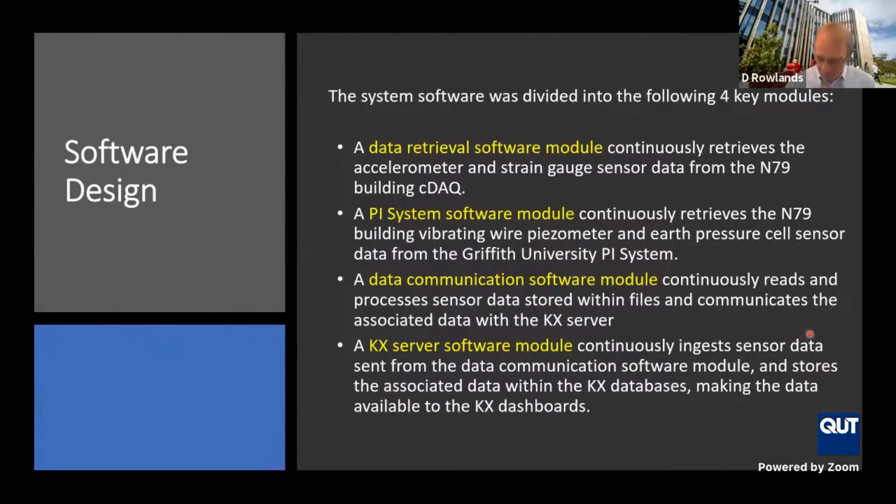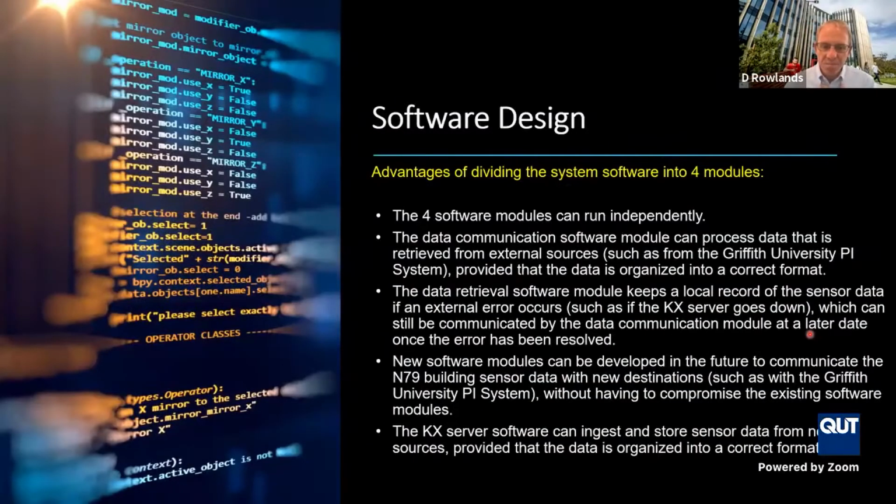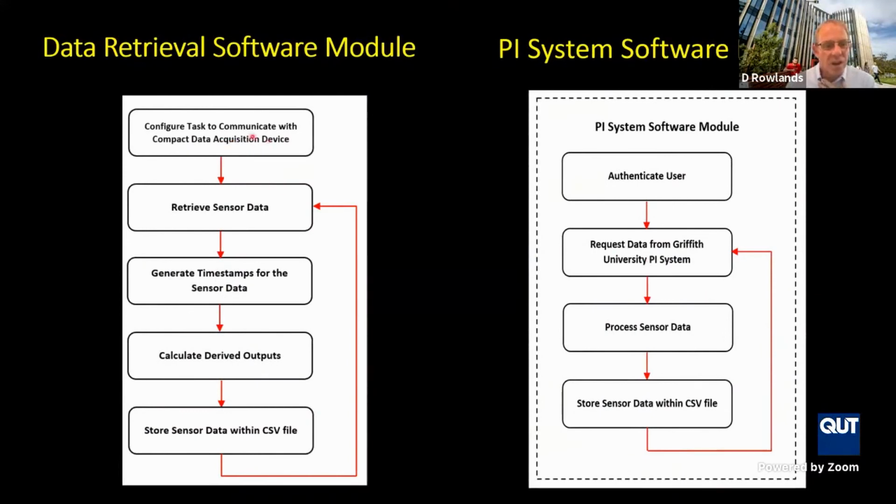To give you an idea of the structure of those, we had to write the software to extract the data, in particular from the NIDAC system, where the accelerometers and the strain gauges would be connected. We found we had to convert the data to CSV. So we had to find some way to communicate to that box, extract the data from the box, and then put it in a format for another system.